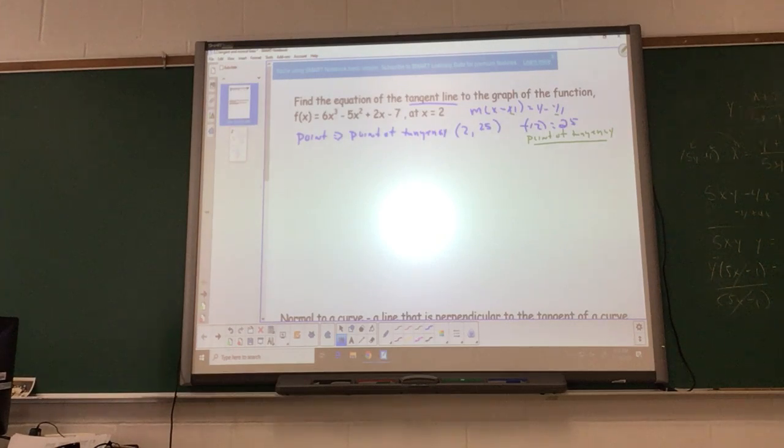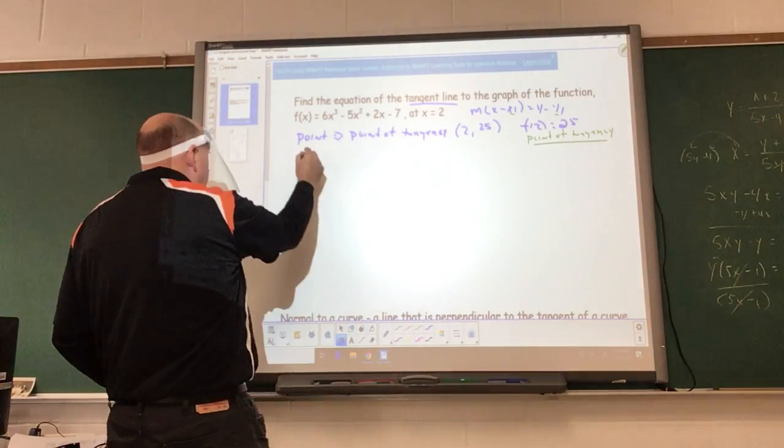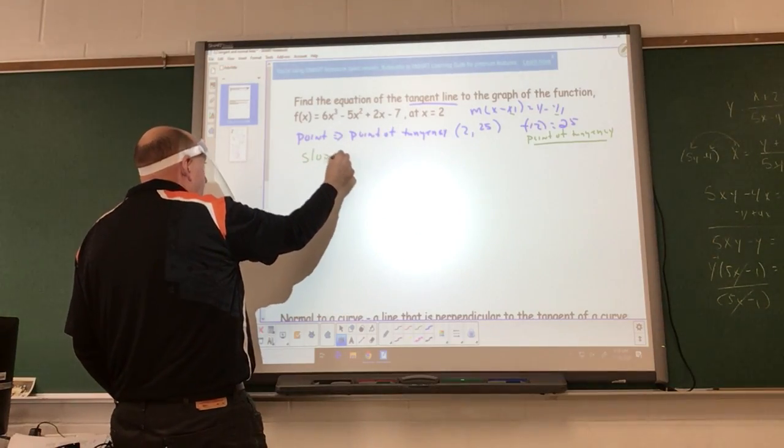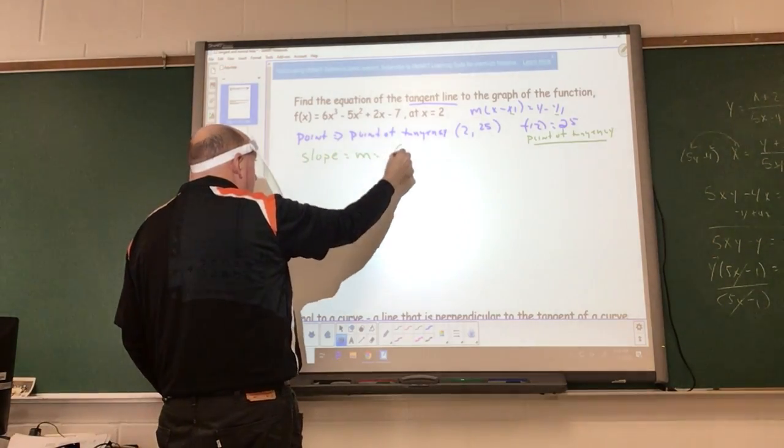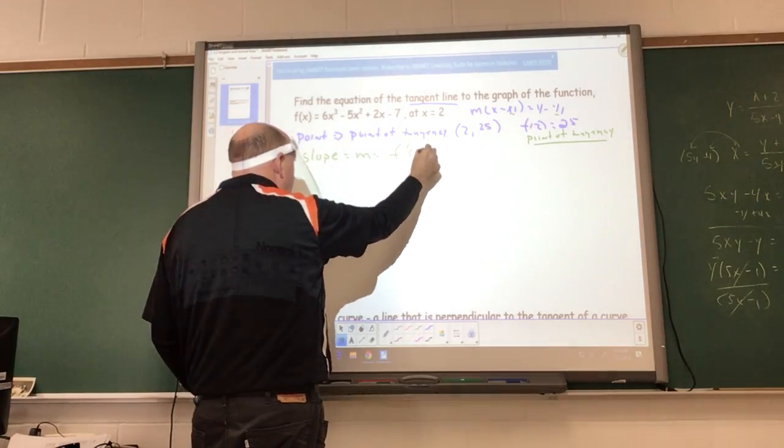Another way of stating the slope of the tangent line is the value of the derivative at that value of x. What's the value of the derivative at that specific value? So what we need to find is our slope, which is the value of our derivative at 2.